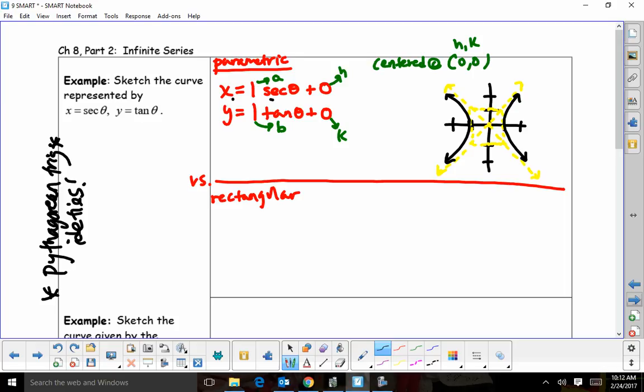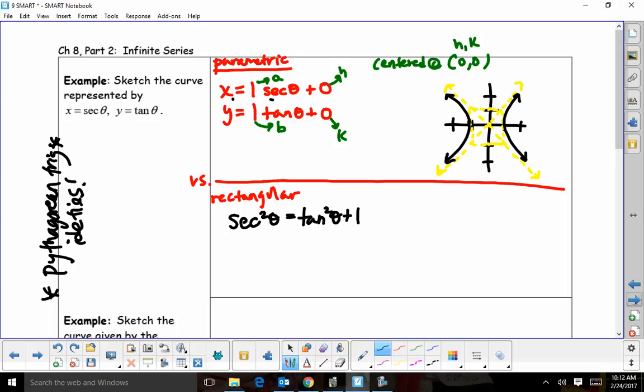So which Pythagorean trig identity am I going to use with secants and tans? Secant squared theta, I could say minus 1 or equals, however you want to get it, as long as it's the same. Okay?